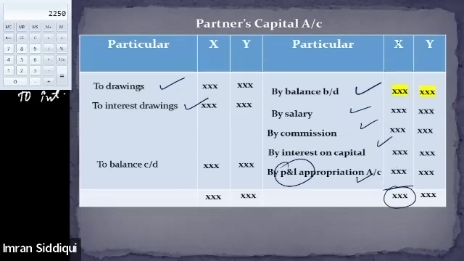Let's suppose for X we got 5 lakh as the total of the credit side. Then we will subtract the debit side value, drawing and interest on drawing. Let's suppose the sum total of the debit side is 3 lakh, for example. So out of 5 lakh, we will subtract 3 lakh. The remaining amount will be our closing balance. That will be 2 lakh.